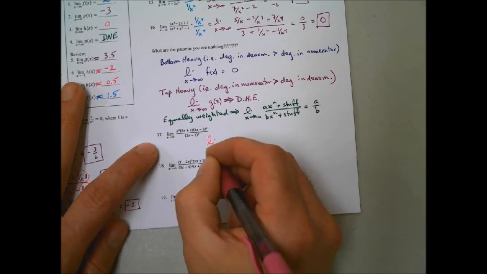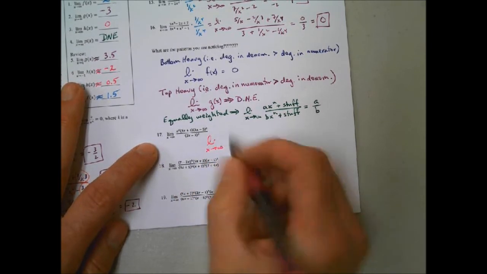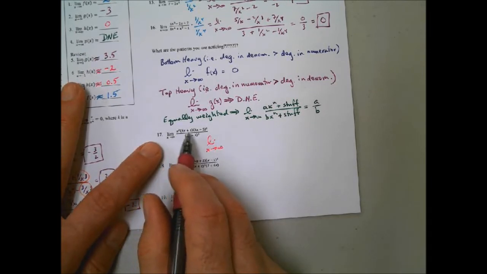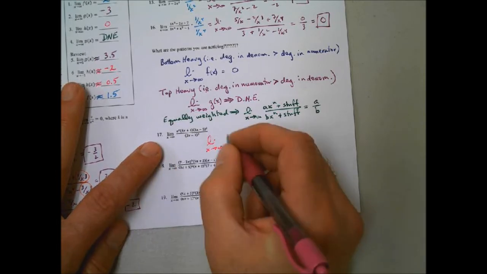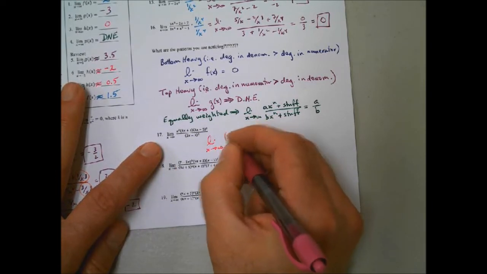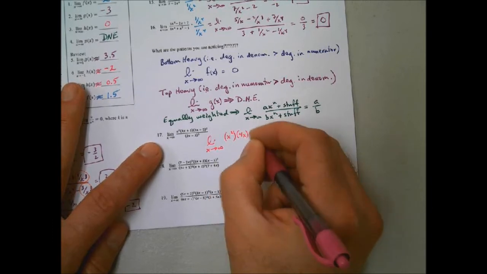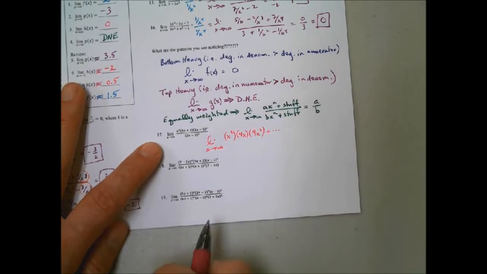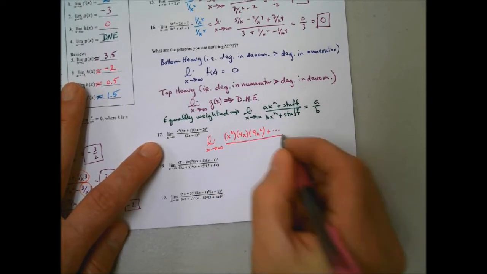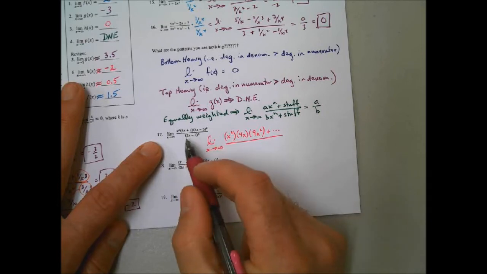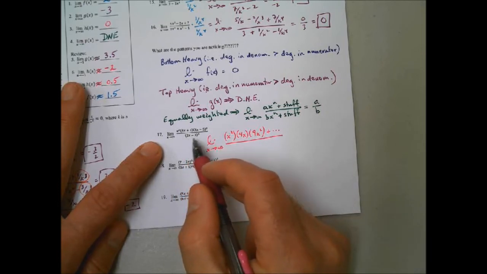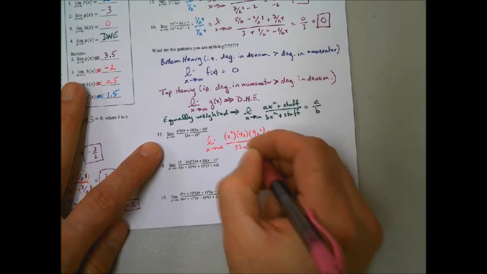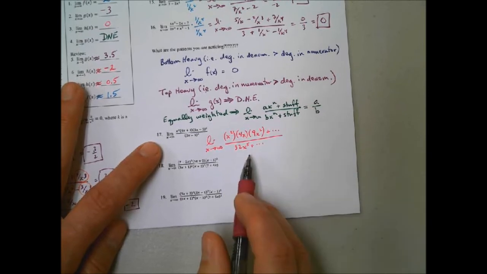We've got the limit as x goes to infinity, and the highest power of x would be x squared times 4x to the first times 9x squared, plus stuff, over, and the bottom, the highest power of x would be 32x to the fifth, plus a bunch of stuff.